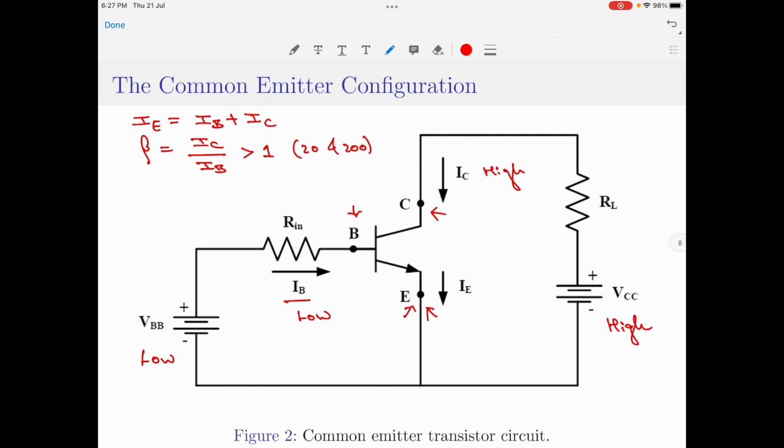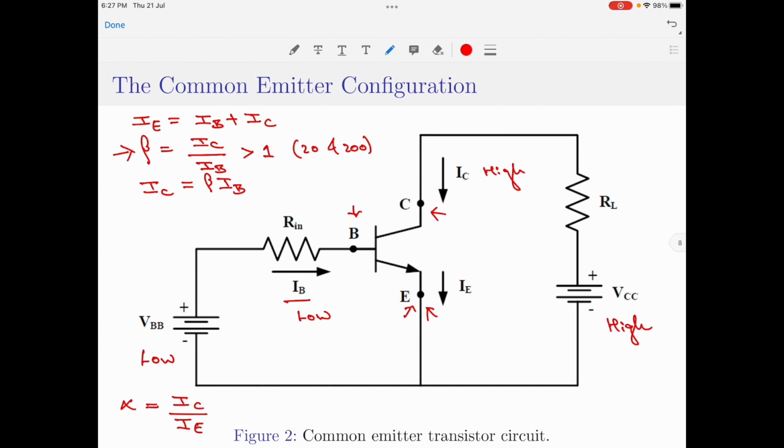We know that the value of alpha, which is the current gain for common base configuration, is given by the equation IC divided by IE. And the current gain for common emitter is given by beta and is equal to IC divided by IB. If I rewrite the current gain equation for the common emitter configuration for IC, I will get beta IB.